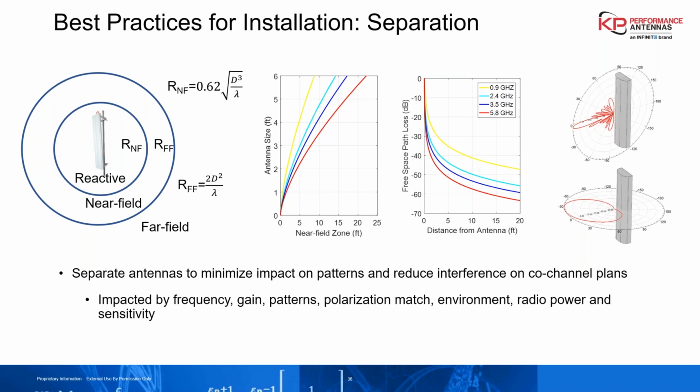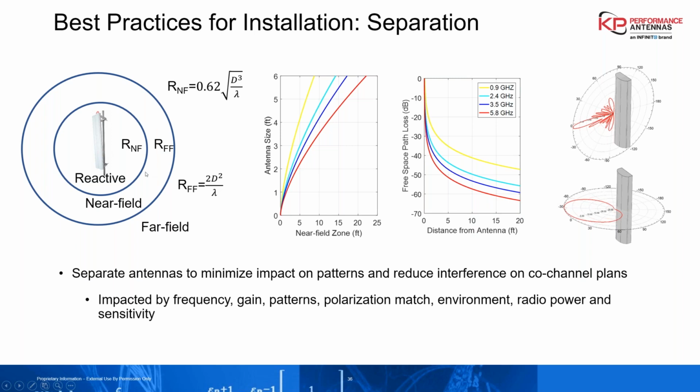But you do have to worry about impacting the patterns of the antenna. So if I put a big metal sheet right beside the antenna, it's going to impact the direction that the beam's pointing, and it's also going to put ripples in it. So what we recommend is you have at least 3, 4, at least 5 feet separation between 2 antennas that are side to side.